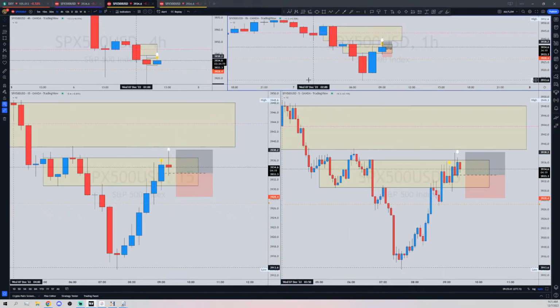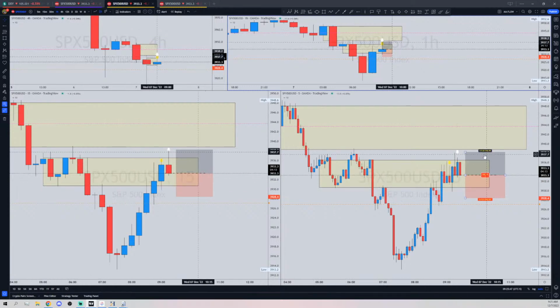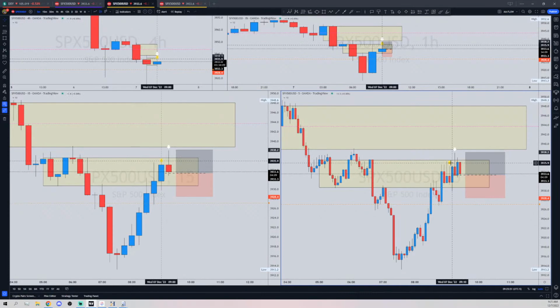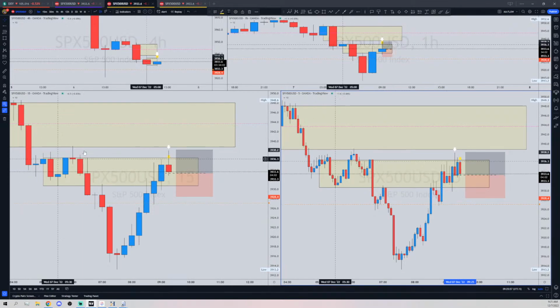Using this as my rejection candle. Actually, I'm using this as my rejection candle because that's where my stops are. I want to see price break it. It just wicked me in. So I'm now into the trade again. Going for 5 points again.